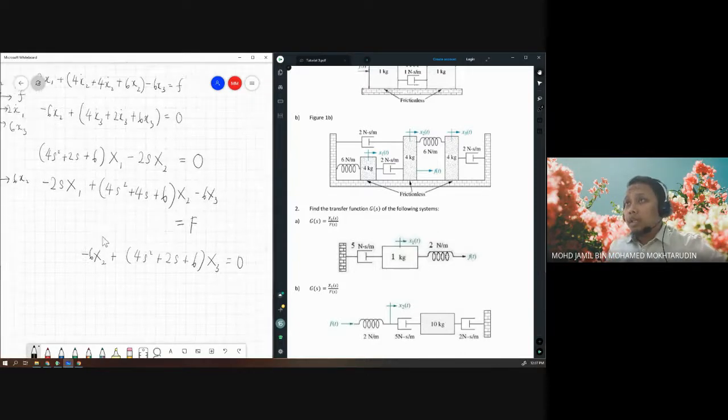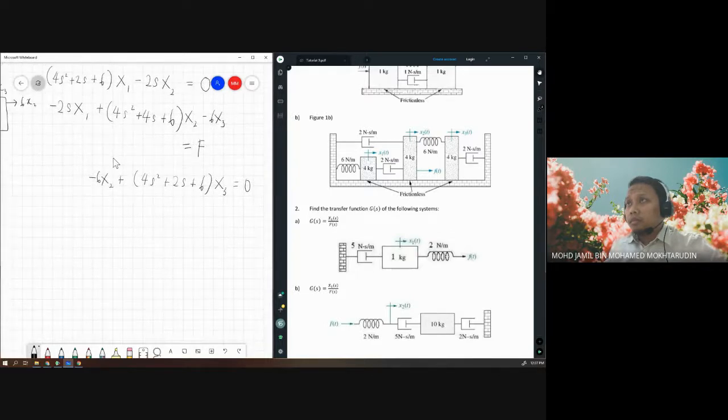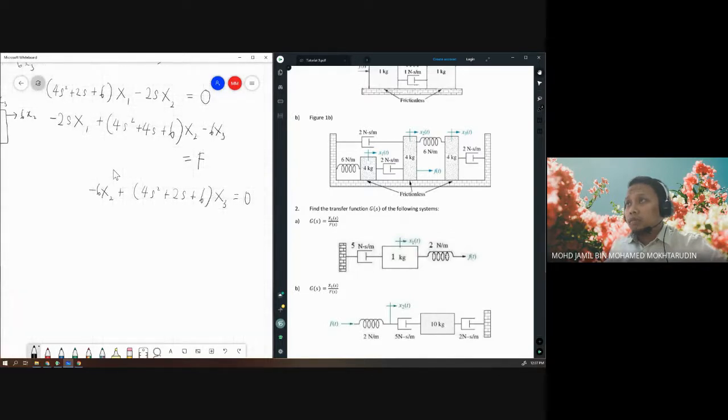Okay, you can write this in matrix form. Okay, serabut sikit. Okay, so you write this in matrix form. Okay, so let's look at X1 first.